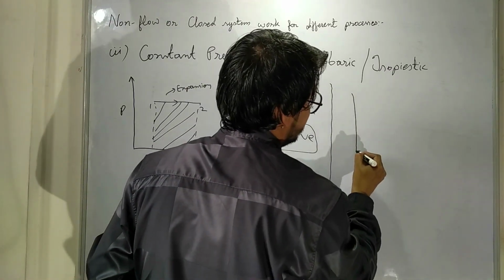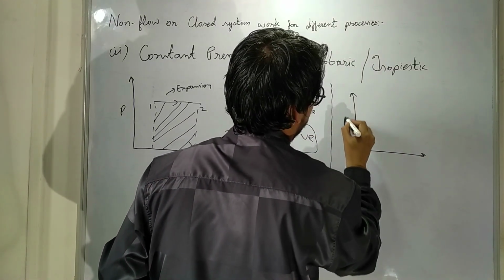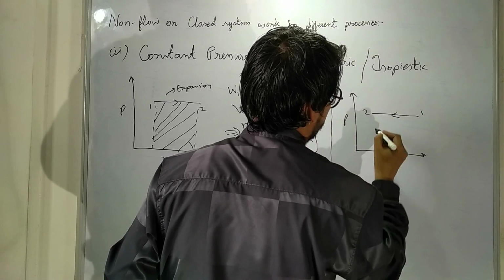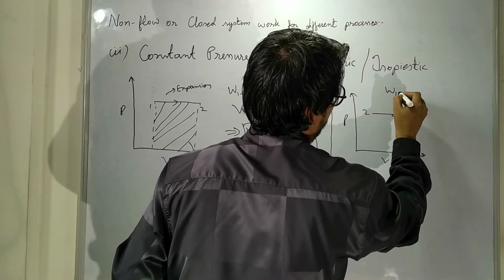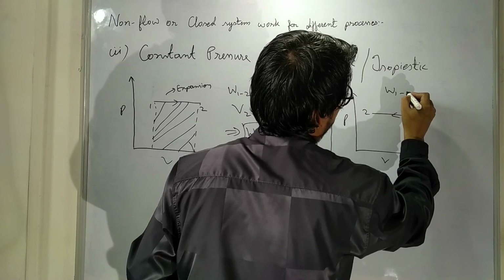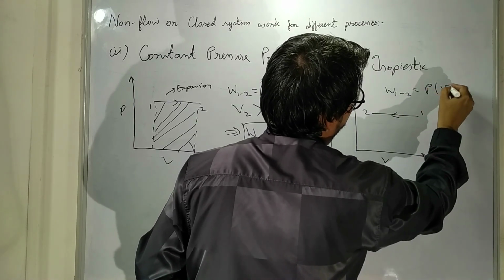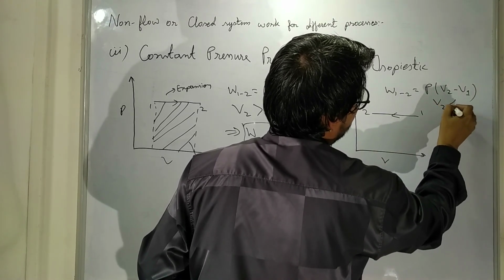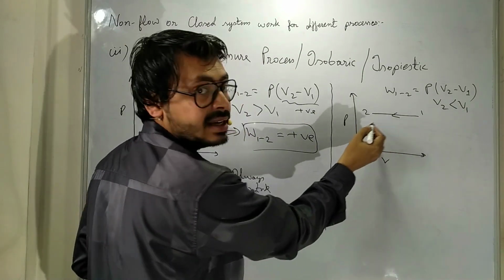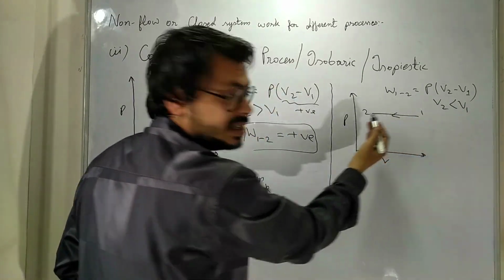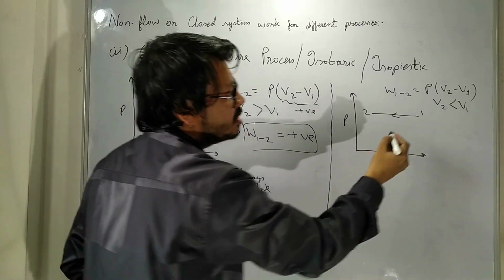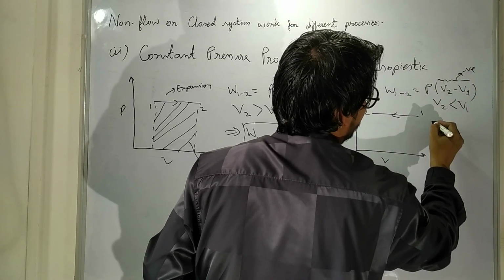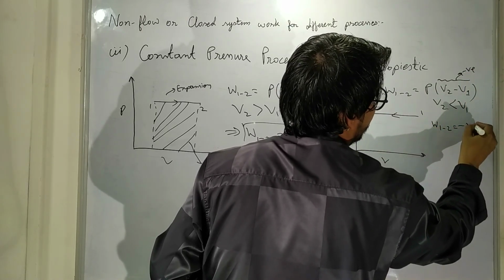Let us consider the same example, PV, but here the process is compression process 1 to 2. So the work done will be for 1 to 2, P into V2 minus V1, and V2 is less than V1. Since V2 is less than V1, because volume is decreasing here, so final volume is less than initial volume, this term will be negative, and hence work done 1 to 2 is negative.